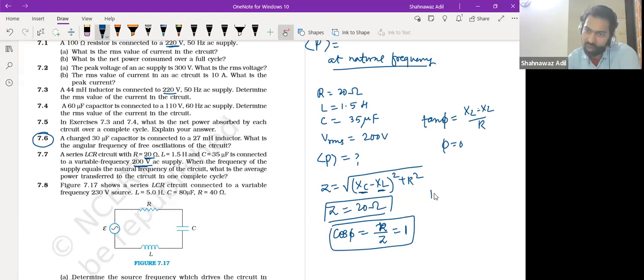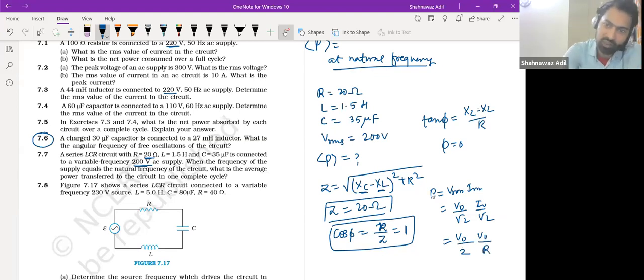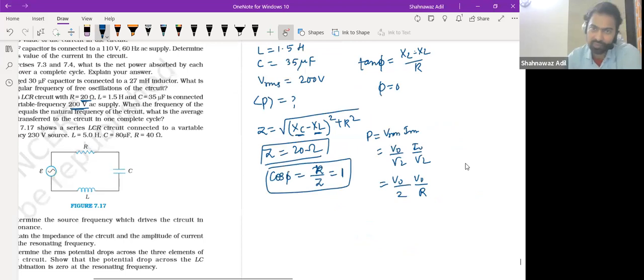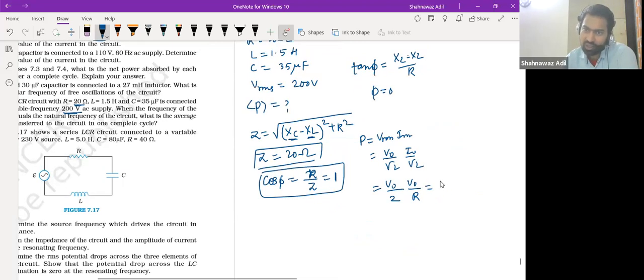So average power would be VRMS times IRMS times cos phi, which is 1. So this is V naught by root 2, and this is I naught by root 2. And I naught would be V naught by R. Good. So then you will get, okay, RMS.